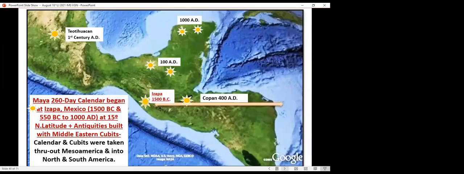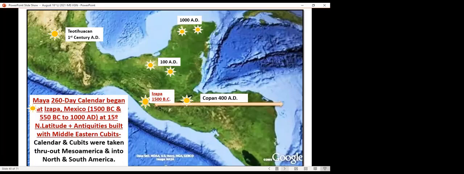Again, we are just showing the Maya 260-day calendar beginning at Izapa, Mexico, around 1500 BC, and then at 550 BC to about 1000 AD, a new era at Izapa.